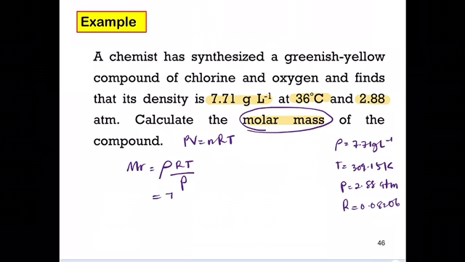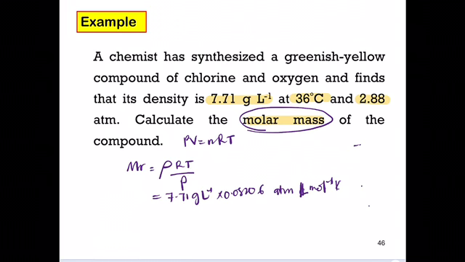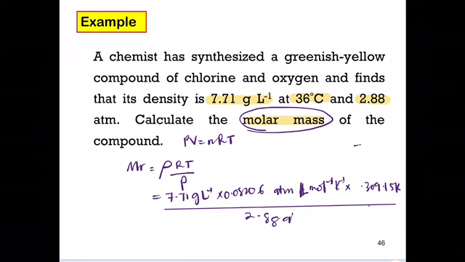So density is 7.71 gram per liter. R is 0.08206 atm liter mole^-1 K^-1, multiplied with the temperature, 309.15 Kelvin, over 2.88 atm.